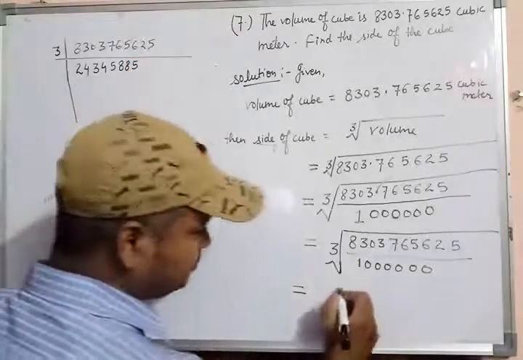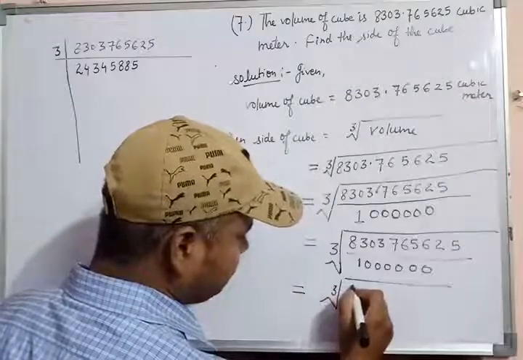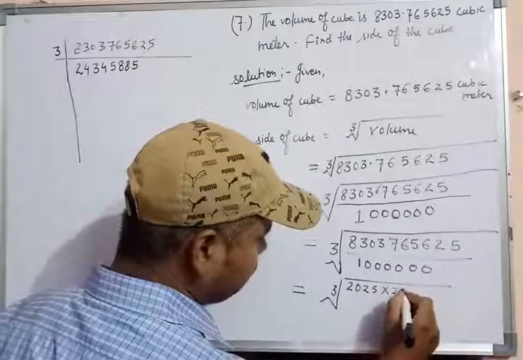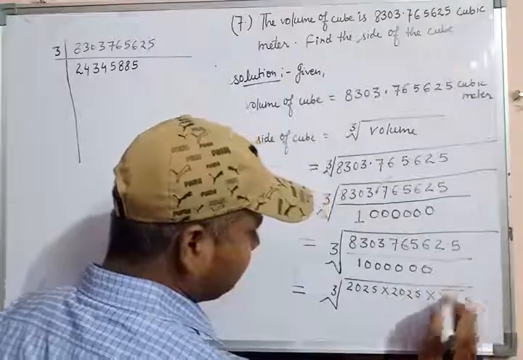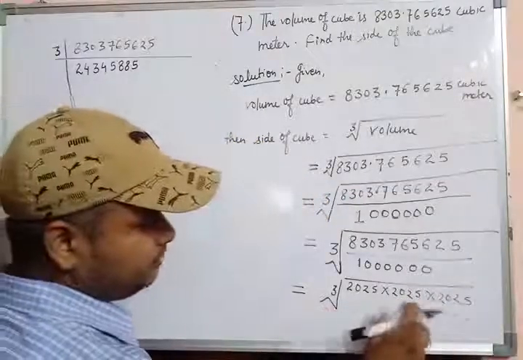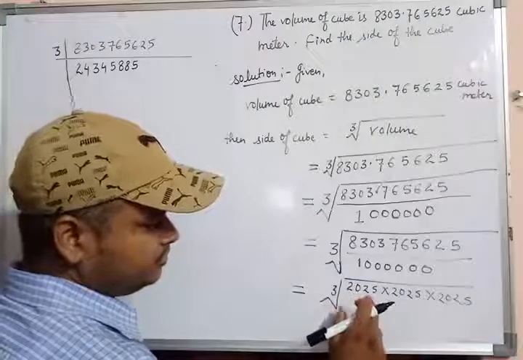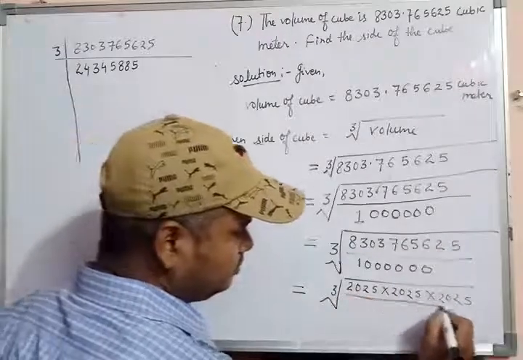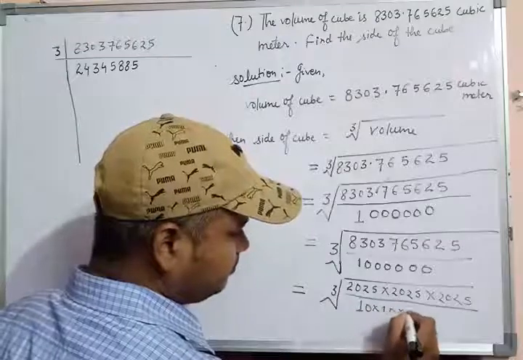I think this number is divisible by 2025 into 2025 into 2025. Okay, because if you multiply 2025 three times, then we will get this number, and this is also divisible by 6 times.